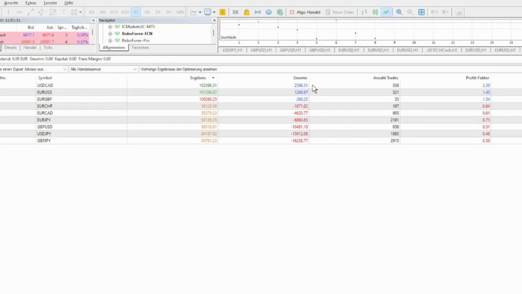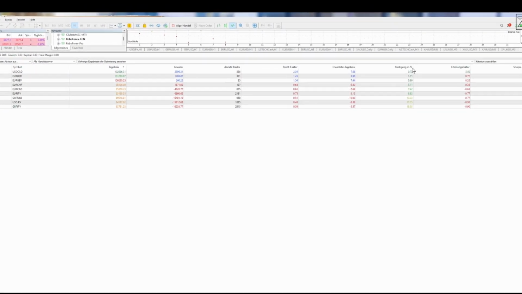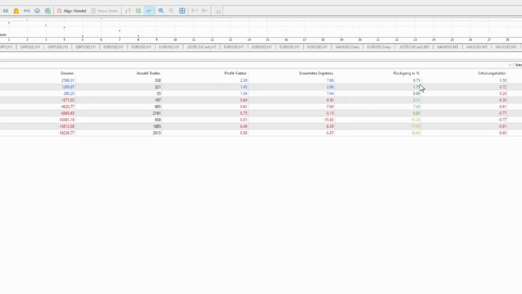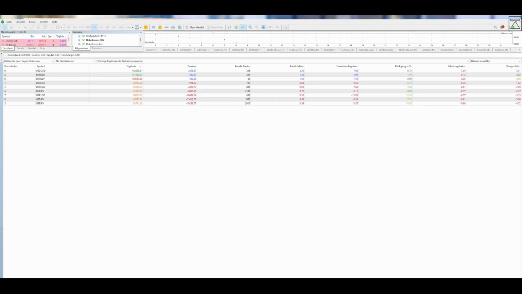But there is one currency that did extremely well. Yes, we are at 2.3% here. We have a profit of $2,600 here, but only a 0.73% drawdown. That means if we were to say that we would accept a maximum drawdown of 14 or 15%, then we would be at over 50% profit here. And that in just one currency.